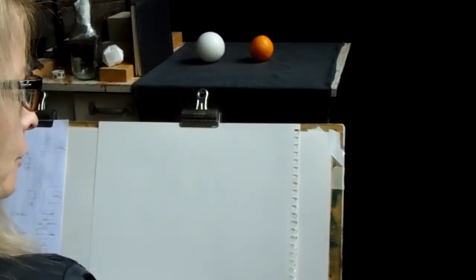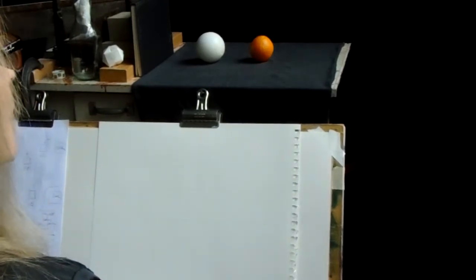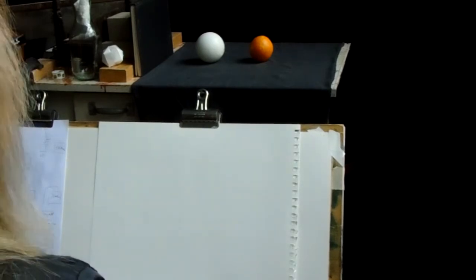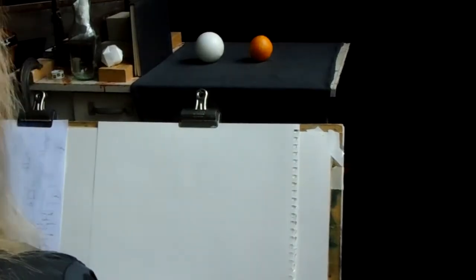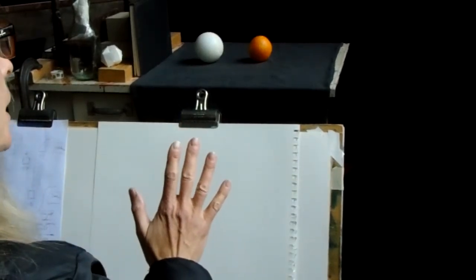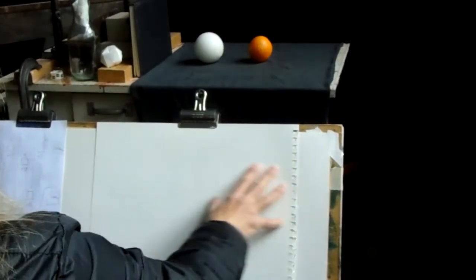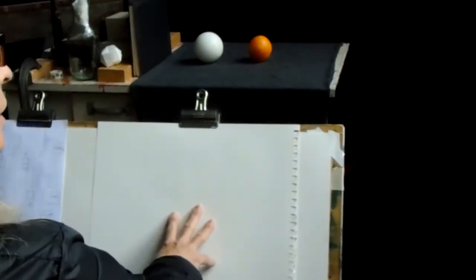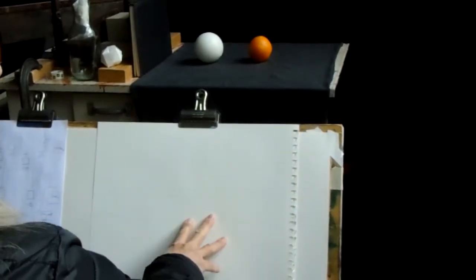If you remember correctly, value is everything that exists between white and black. So we're going to start to explore 5 values to begin with. We're going to create a chart, and we're going to create squares that are about 1.5 by 1.5 inches.